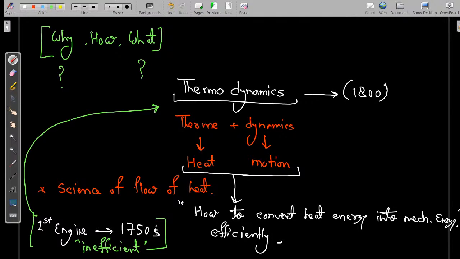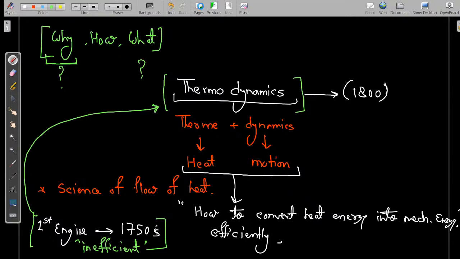There are a number of examples which concern the subject thermodynamics. So, in the present condition, the scope of thermodynamics is very large. That's why it is necessary to study thermodynamics or to have awareness of the basic principles of this subject.